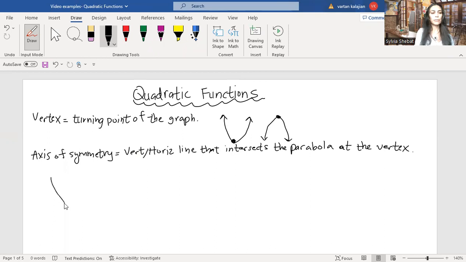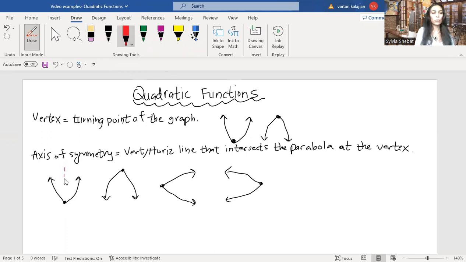So for example, if this is your parabola, here's the vertex, or it looks like this, or one of these here. So the axis of symmetry would go right down the middle, and it would basically cut the parabola in two equal halves. So these two would be vertical axes of symmetry, and these two would be horizontal axes of symmetry.